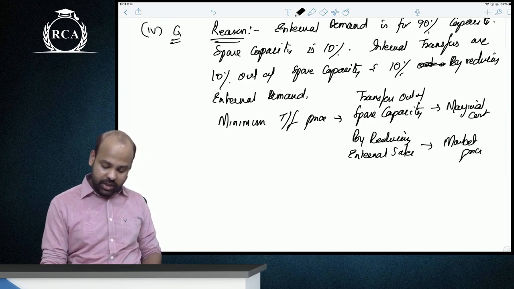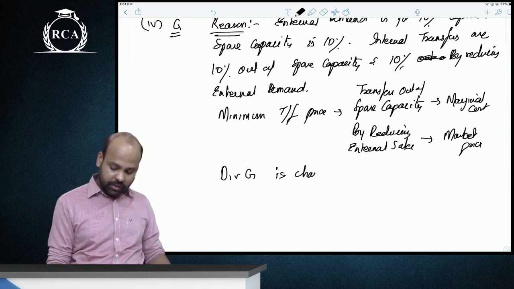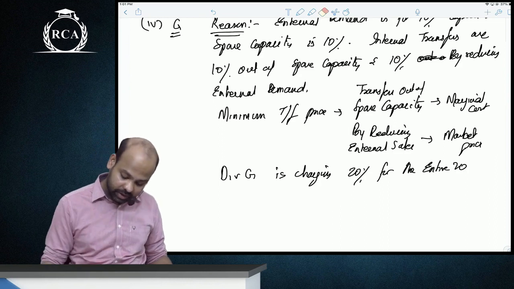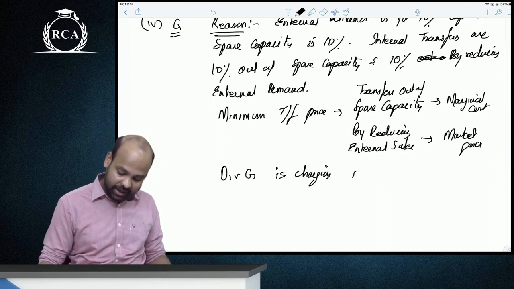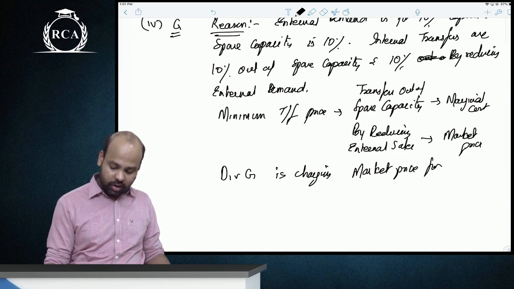But division G, guys, is charging market price for the entire 20%. Division G is charging market price for the entire 20%. Okay?